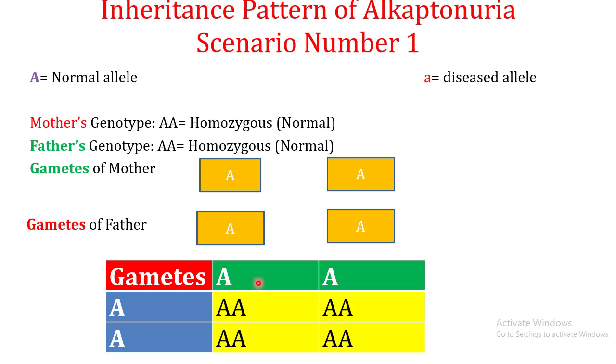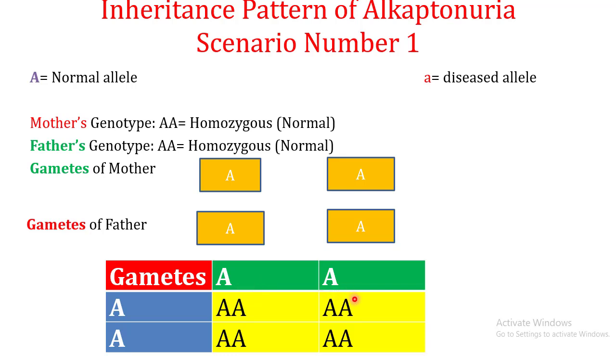So one gamete of the mother is going to combine with a gamete of the father, and the genotype of this offspring is going to carry both normal copies of the alleles for Alkaptonuria. Similarly, for this one, the gametes are the same.